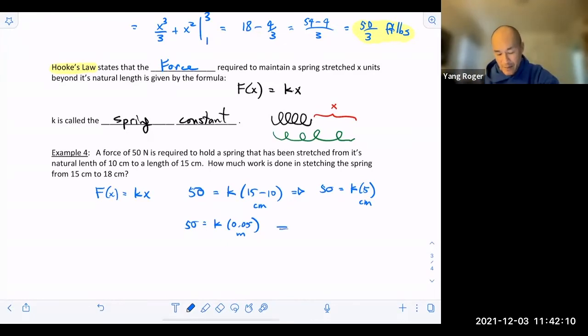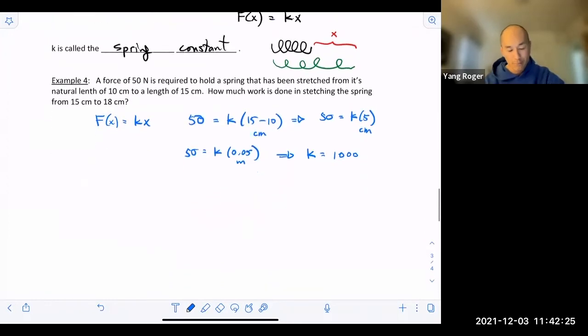And then this tells me that my k is equal to not just 10, but 1,000. So now I have an equation using Hooke's law to represent the force of the spring. And that's going to be 1,000x.